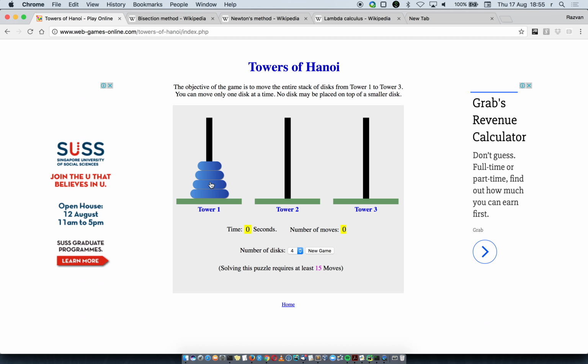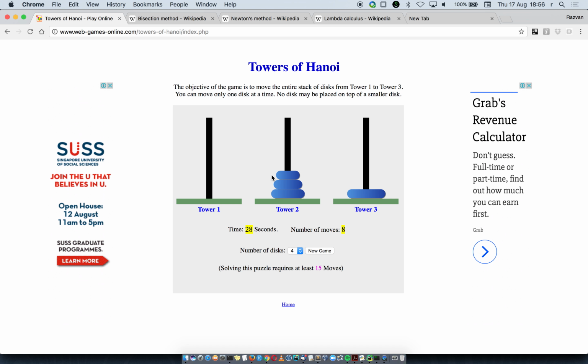We just discussed that we can do that, right? So we switch the second and third pole with each other, right? And we just do that. So once we have done that, I can take the biggest disk and move it to the third pole, right? And then you again saw me moving 3 disks from one pole to another, right?